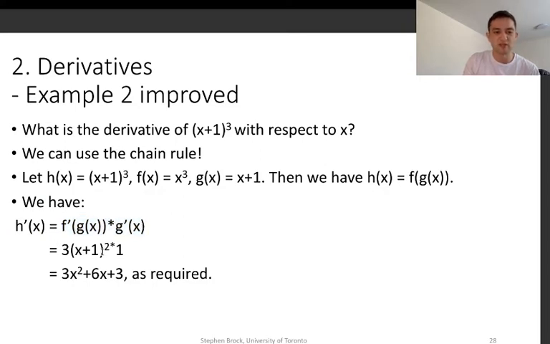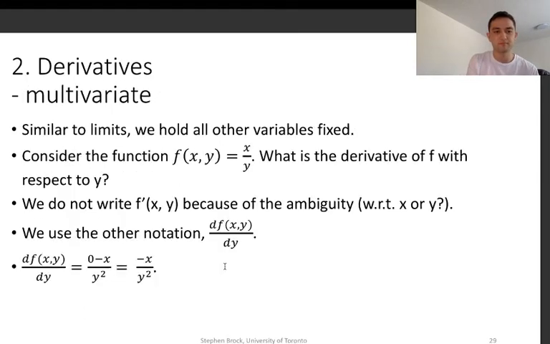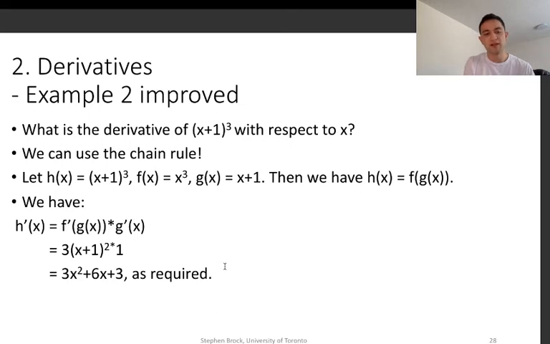That gives us 3 times x plus 1 squared times 1, which is just 3x squared plus 6x plus 3, which is the same value we got before. So this is just another way to do it. With this particular example, it wasn't too hard to expand x plus 1 cubed, but it can get harder with more terms and more complicated terms.